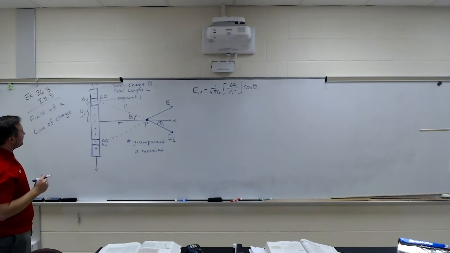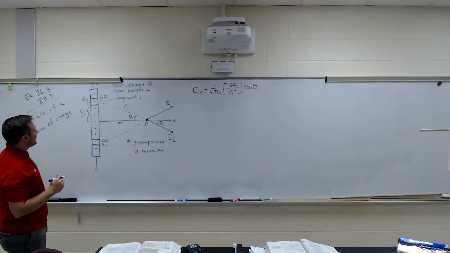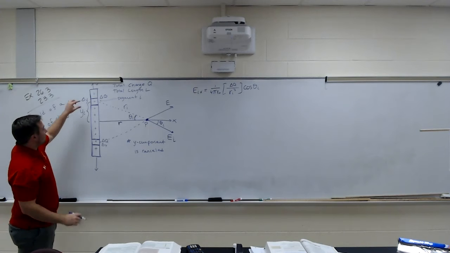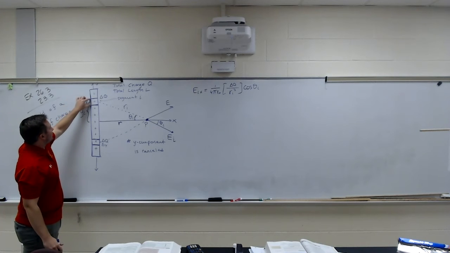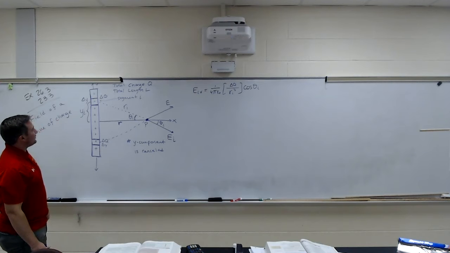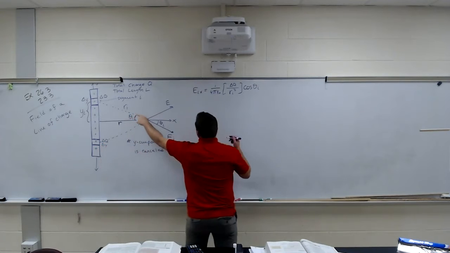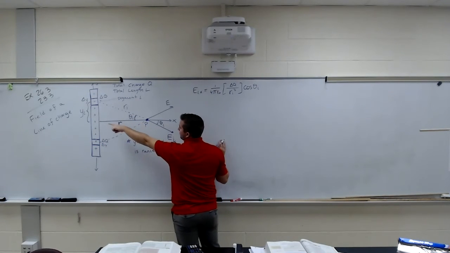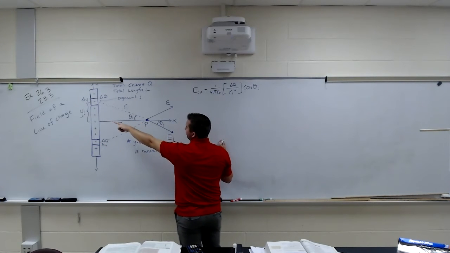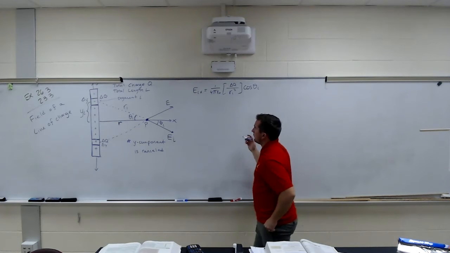The height of that to get from the origin to my segment up there is yi. Not to be confused with delta y, right? Delta y is the width of this segment. Yi is how high above the axis or the origin my segment i is. So Ri is going to be the square root of r squared plus yi squared. Since Ri is squared, we don't have to worry about the square root.